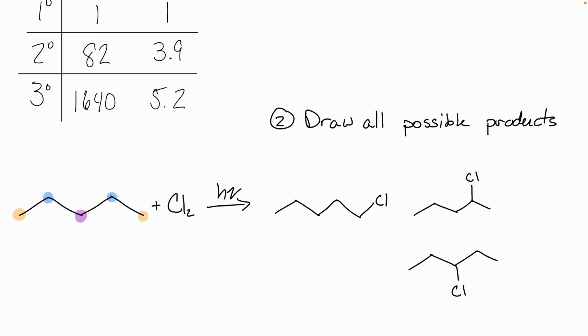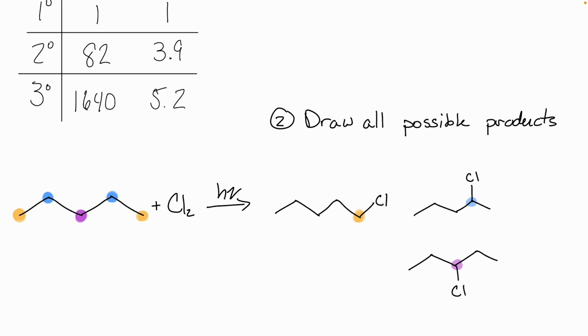Right? We're going to call this one the orange group, if it goes on that end. If it goes on either of these orange carbons here, I would get this same product. We got the blue group, because if it goes on either of these 2 carbons, I get this same product. And then we got the purple group, because if it goes on this middle carbon, I have this 3rd product here. Right?